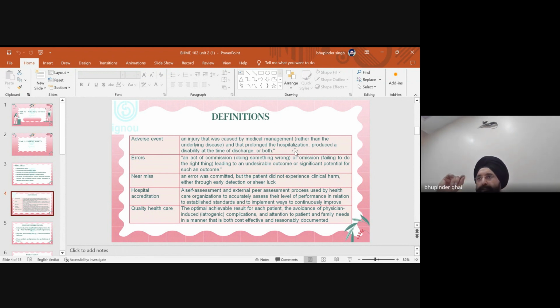In some conditions there is fluid collection in the pleura, so we put the needle into the pleural cavity to take out the fluid. But if it goes 1 millimeter more, then it will pierce the lung. And if it pierces the lung, then it is iatrogenic because it has been done by the physician. So that is iatrogenic, physician-induced complications.